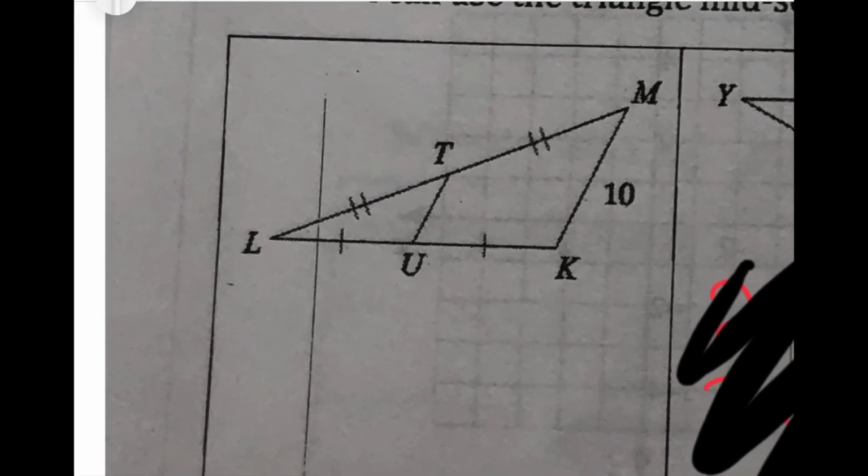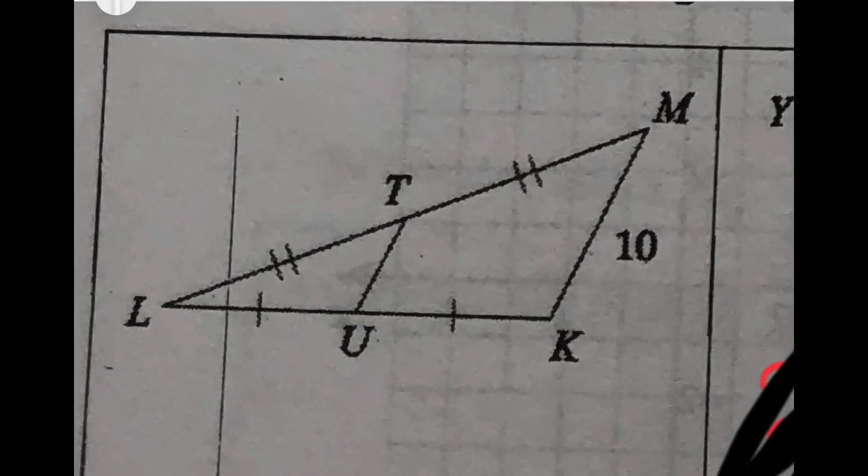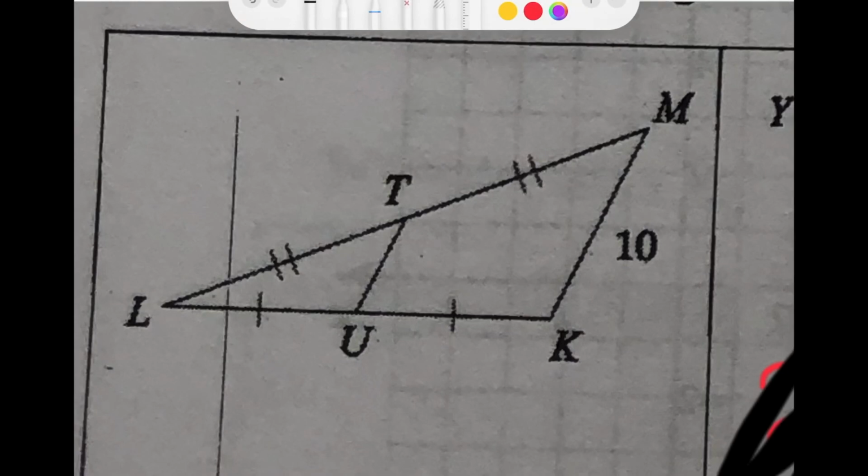So that is what the tick marks are referring to. The fact that T is a midpoint of line LM. Because this side of the point T is congruent or the same as this side of that point T. That's how I know it's a midpoint.